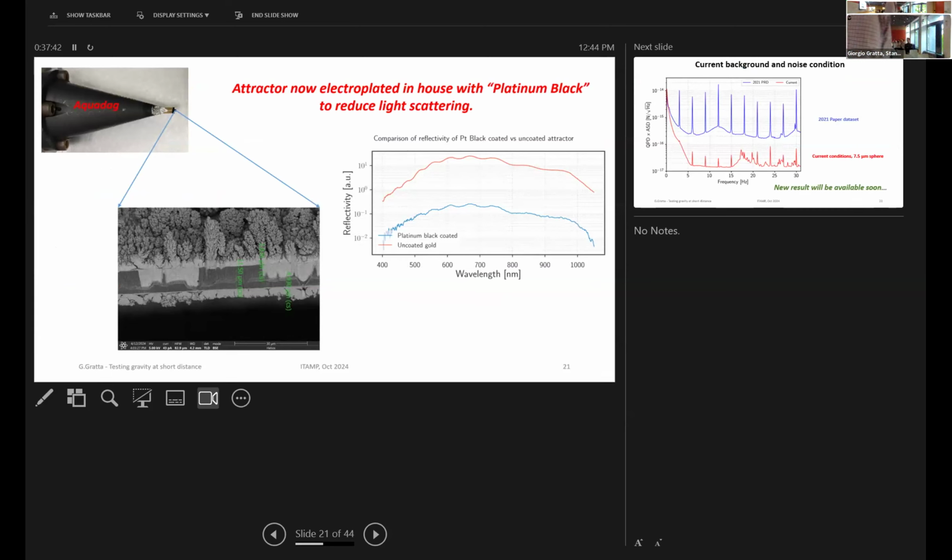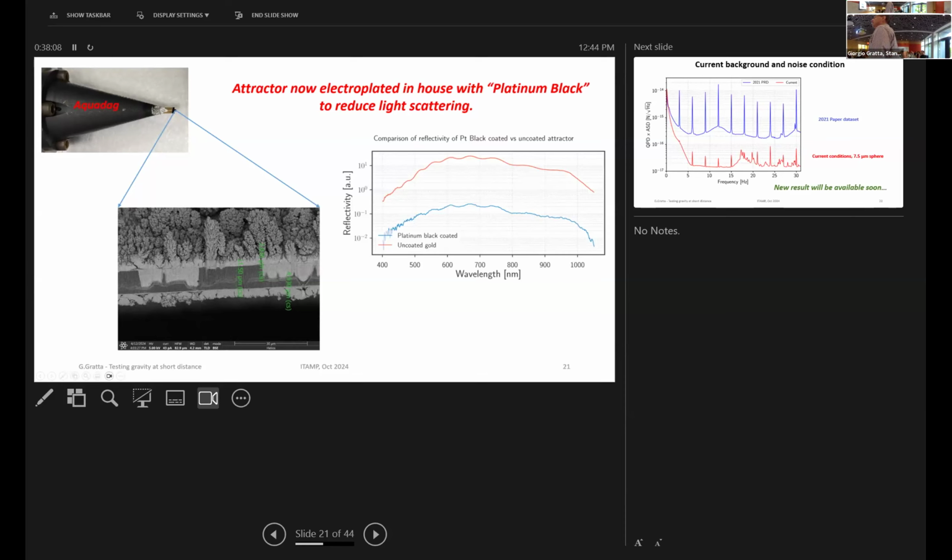As the attractor scans, you get some sort of flicker of the light, and the readout system is not smart enough to tell that apart from real motion of the microsphere. There are a number of things having to do with data analysis that I hope can be done. But in the meantime, we have also tried to resolve this from the source, improving the optics but also coating everything black as much as possible.